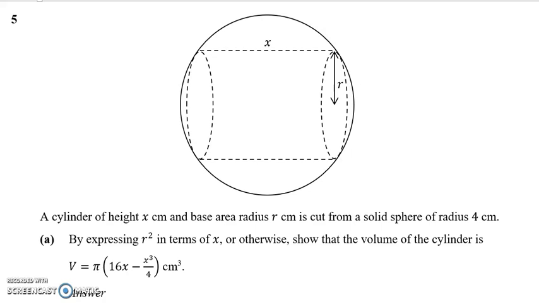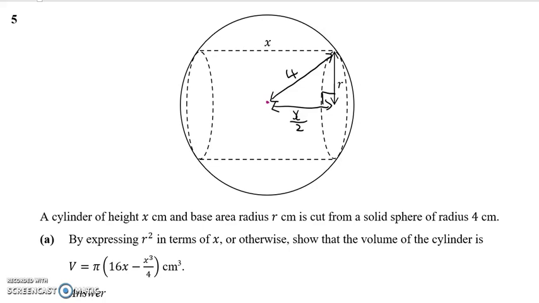Okay, so for this, we actually have a few ways to do. Our solid sphere has radius 4 cm. So I'm going to indicate that with a center. And this is also the radius, so this is 4. And I actually have x divided by 2 here in a right angled triangle.